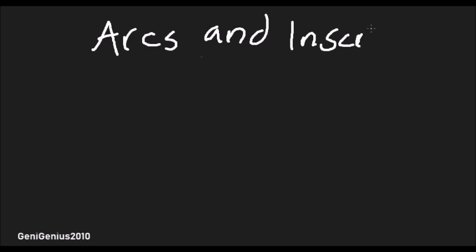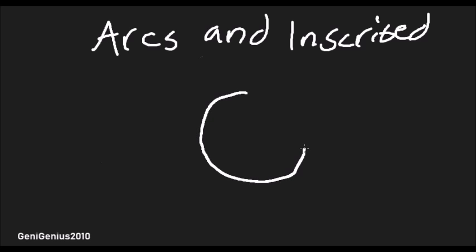But yeah, today we're going to be going over arcs and inscribed angles. So if you don't know what an arc is, it's basically the connection of two lines over a circumference area. So let me draw this out for you so you can get a better picture of what I'm trying to describe here.